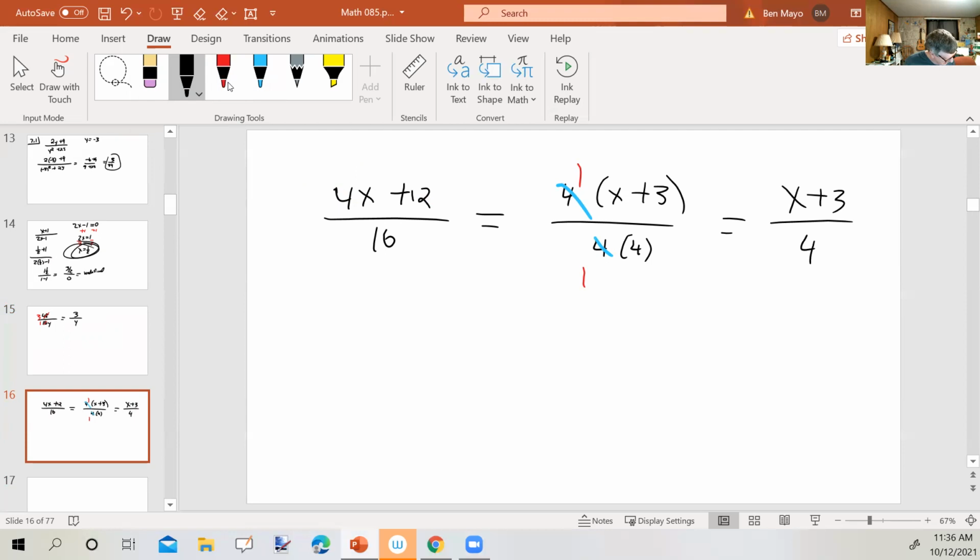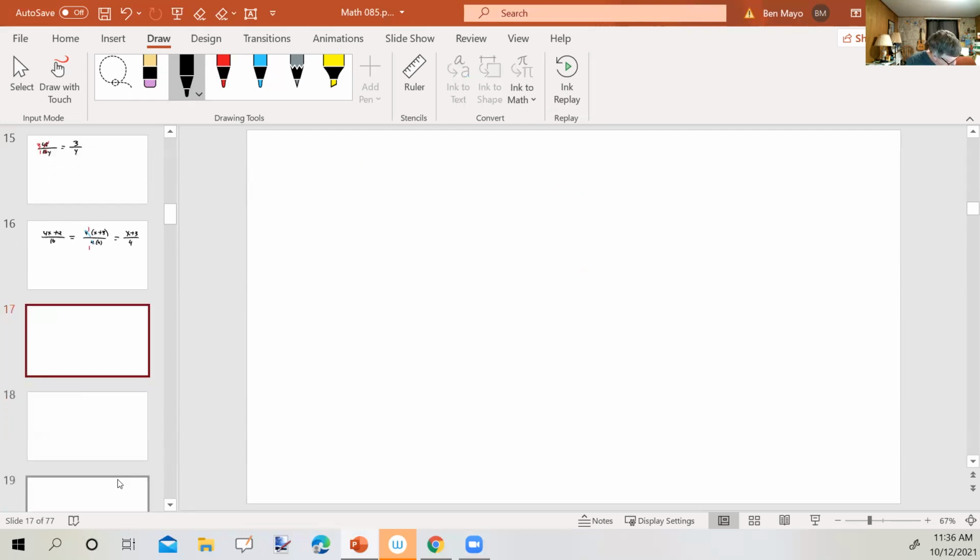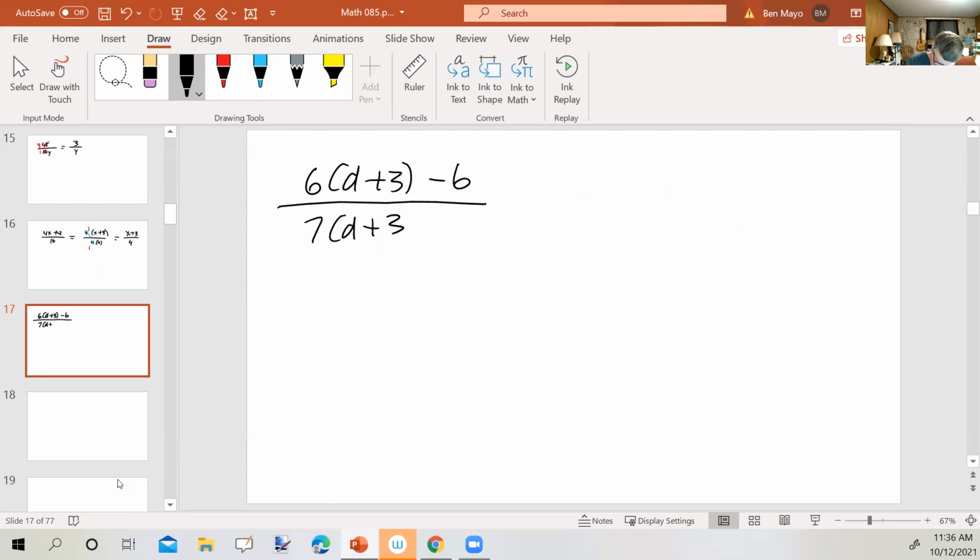And then we had something like this, where it said simplify: 6 times the quantity d plus 3, all minus 6, over 7 times the quantity d plus 3 minus 7. Don't make the mistake of thinking you can cross out the d plus 3's on the top and the bottom. They aren't factors of the entire numerator and the entire denominator.